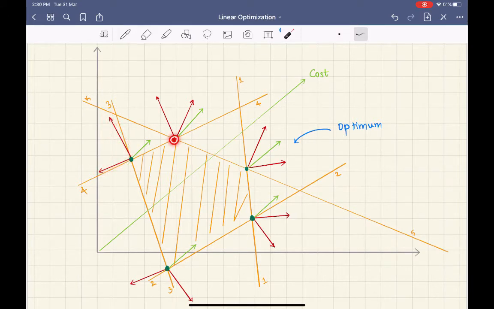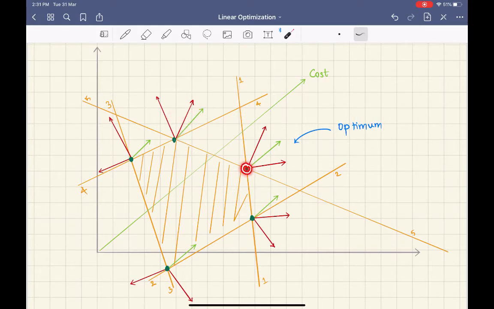Now look at this extreme point. This is obtained as the intersection of the planes 4 and 5. This is normal to 4 and this is normal to 5, and this is the cost vector. Once again, the cost vector is not a non-negative combination.